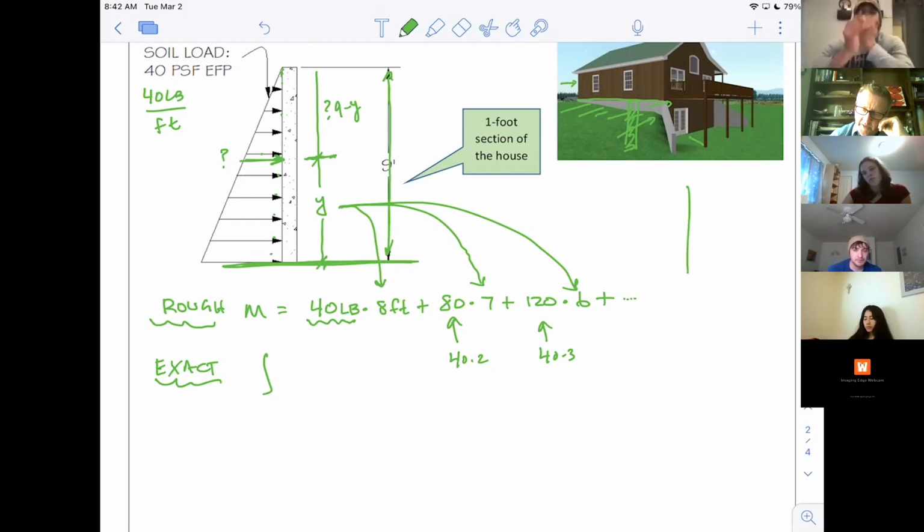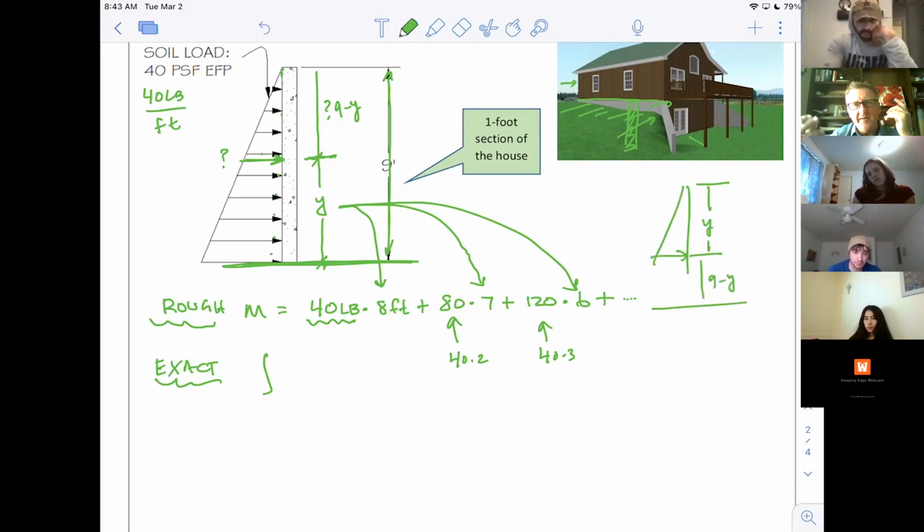I don't want to confuse you, but I could have said the distance down is y. And then that would have meant the distance from the bottom is 9 minus y. You can define y to be whatever distance you want. I was sort of calling this the ground. And so I said, okay, the distance up from there is y.